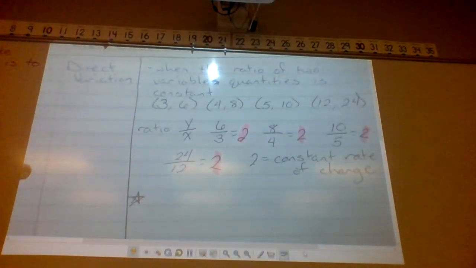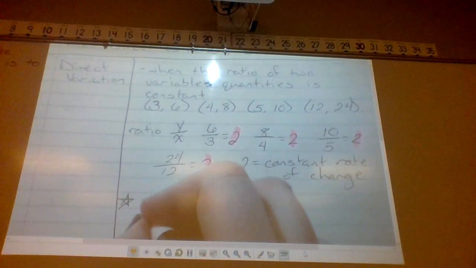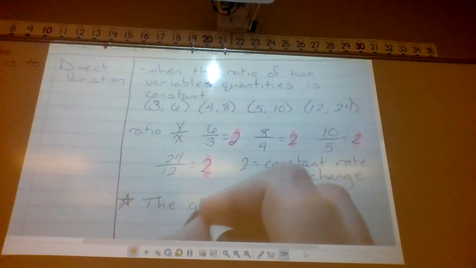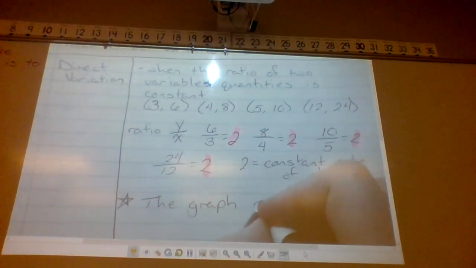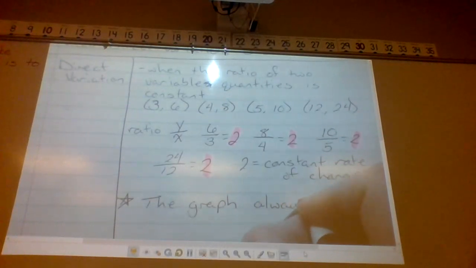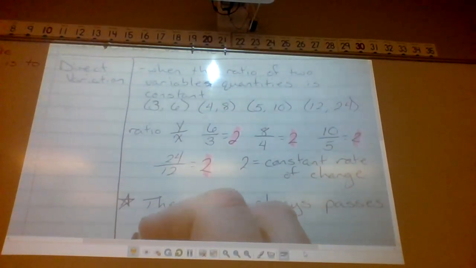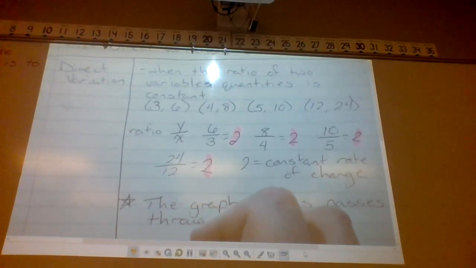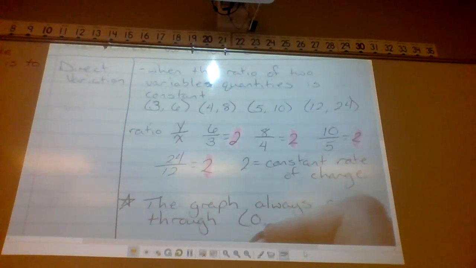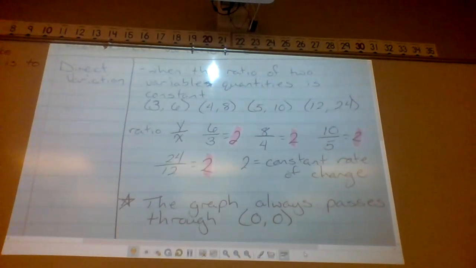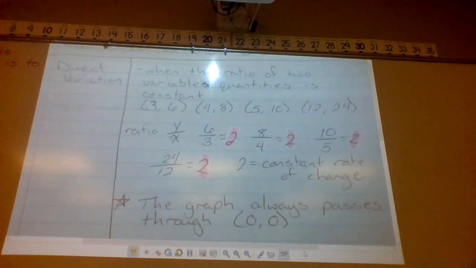In our direct variation, the graph always passes through the origin, or 0, 0.